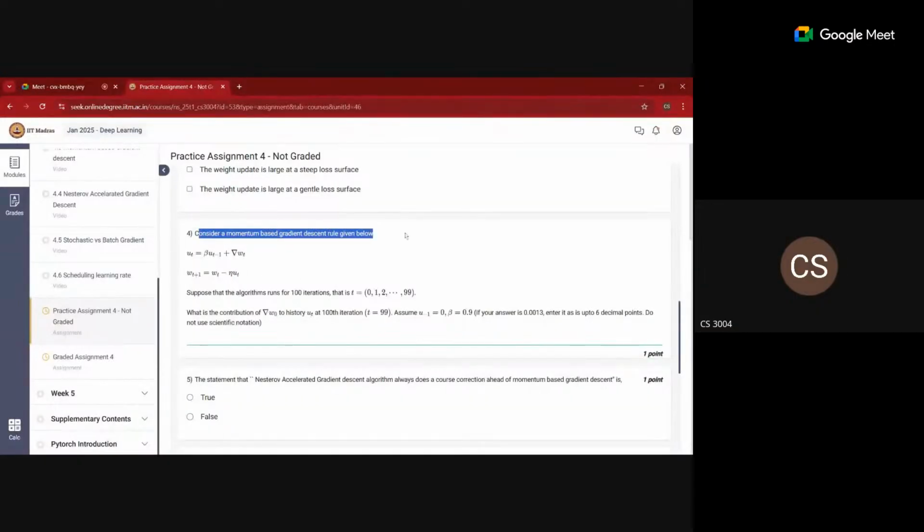Sir, yes, sir, correct. The impact of W naught or grad W naught on the 100th iteration. So here, consider momentum-based gradient descent. This is the rule. Suppose it runs for this. What is the contribution of W naught to history?